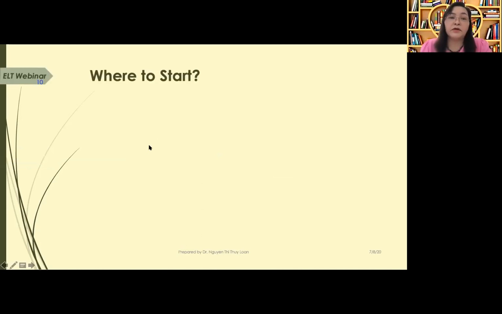So where to start? Usually, when you have decided what to do your research on, I believe that you have already talked with your supervisor about your idea or your plan, and your supervisor may provide you some sources to read. So that's where you start. You should start from the sources provided by your supervisor.